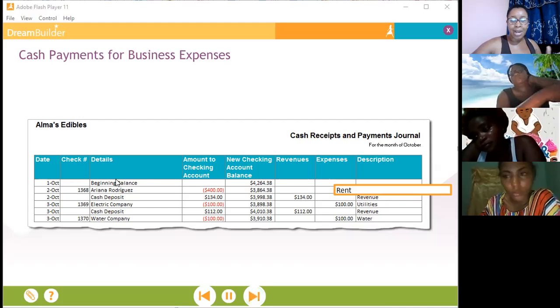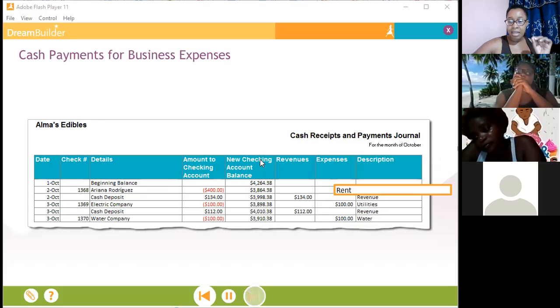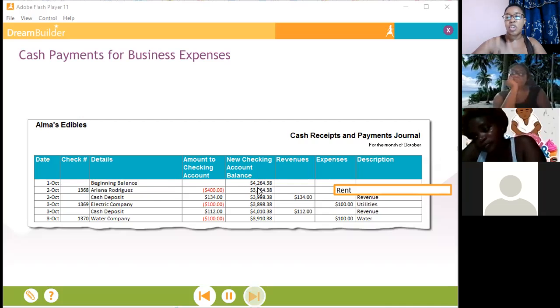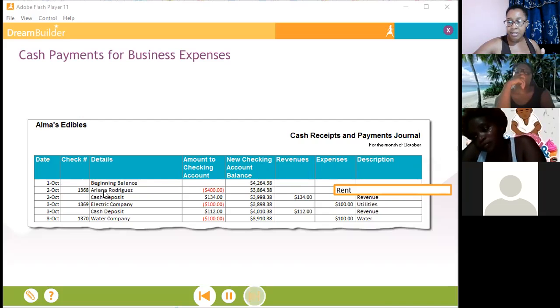Again, let's take a look at that. The first row has her beginning balance before any transactions began. So we have the date, the details would be beginning balance, and the account balance would be the figure you see here. In your case, whatever your account balance is before monies go in or out would be here. There's nothing that comes in the revenues, expenses, or anything like that. The first transaction where the money goes in or out would come next.